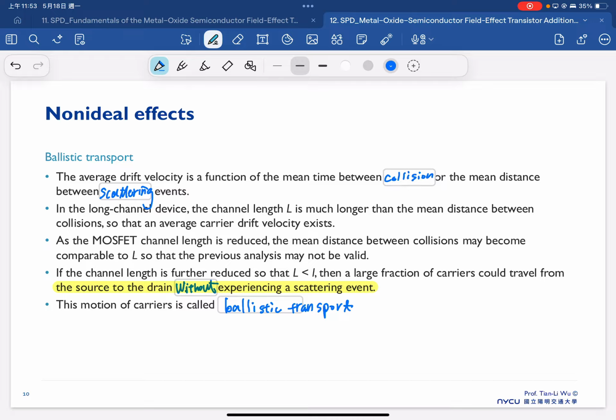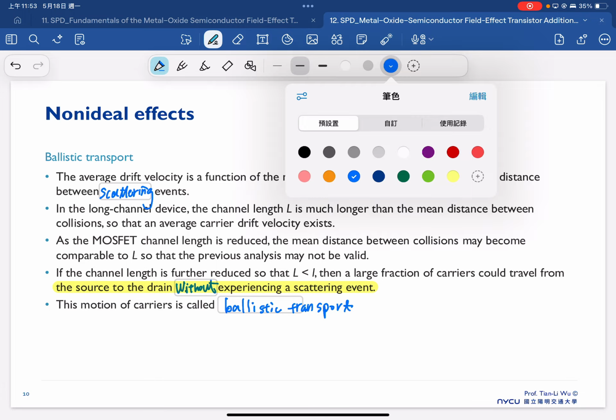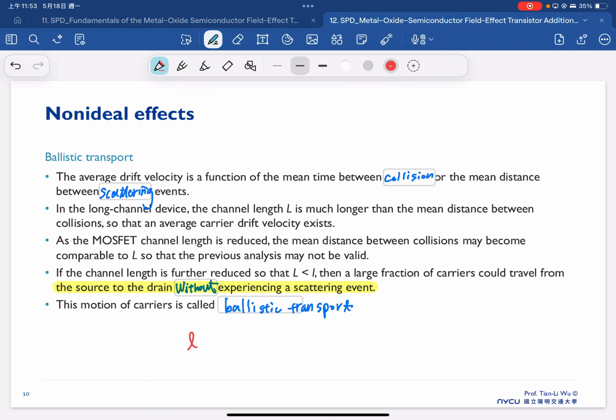So let's put in some numbers, and probably you will get some more sense. If you consider the small L, which is equal to 1 micrometer, as the mean distance between the collisions.